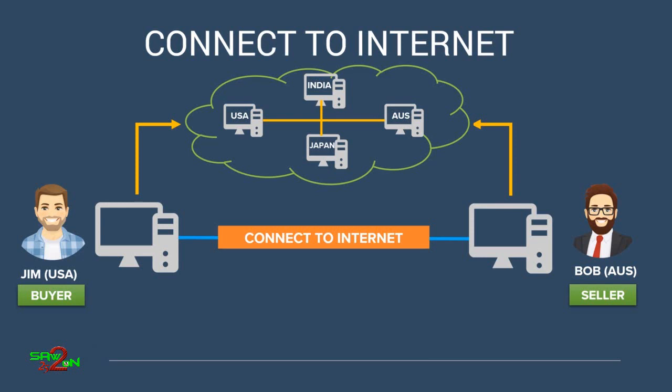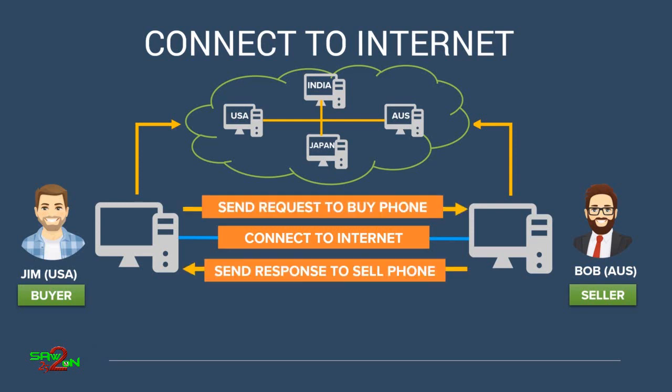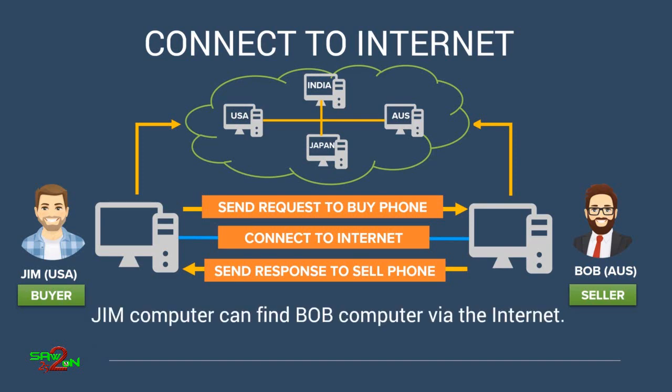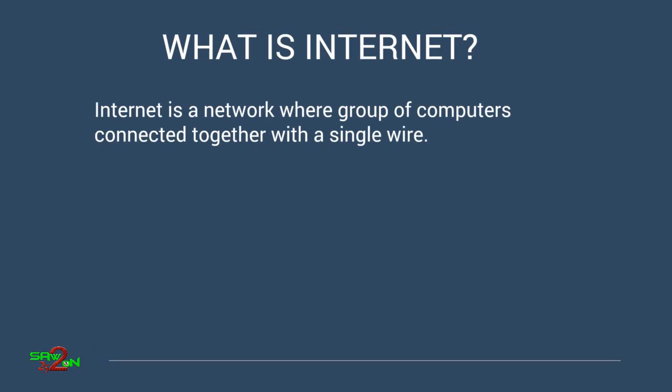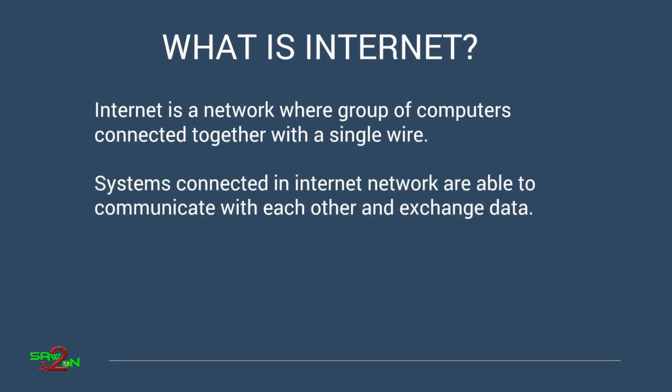So once Jim can find Bob's computer via the internet, then Jim can send a request to say buy phone and Bob can send a request to sell the phone. That's how Jim's computer can find Bob's computer via the internet. So let's look at the definition of an internet. Let's do a quick reference of what we have seen so far. Internet is a network where a group of computers are connected together with a single wire.